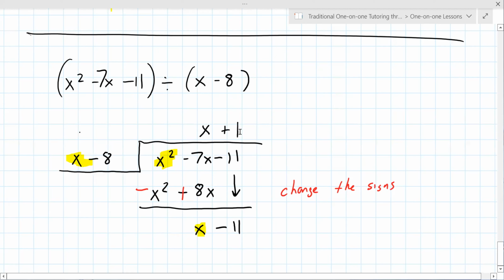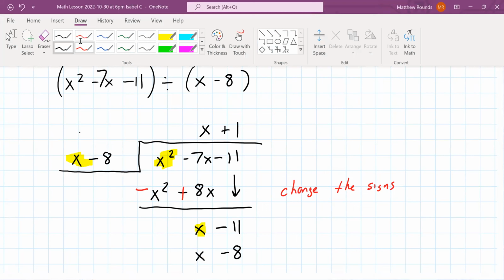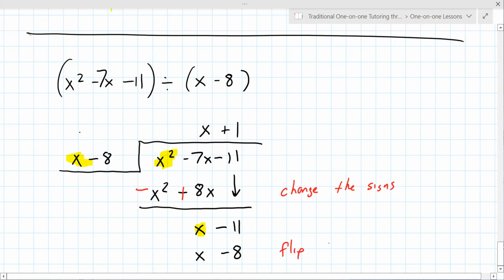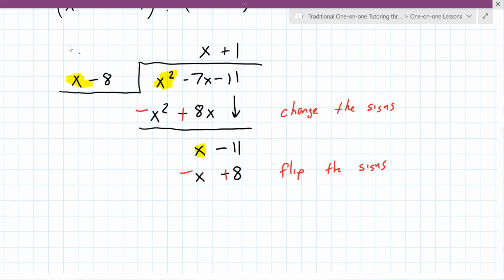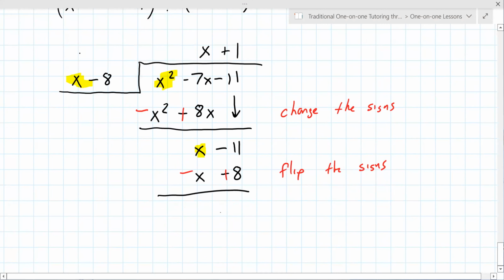And then you take 1 and multiply it by each of these. So you get x minus 8. And then you flip the signs. Subtract, plus. And then you get a number down here.